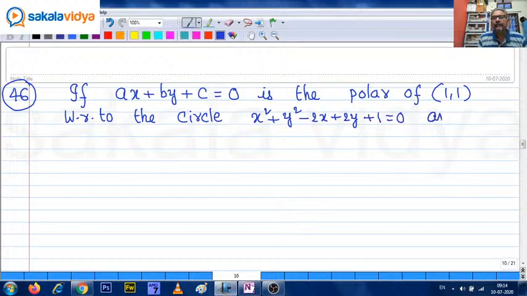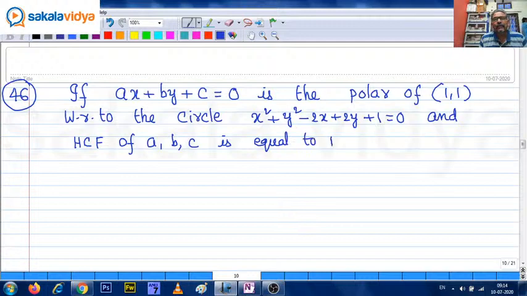and HCF of a, b, c is equal to 1, then a square plus b square plus c square equals to?